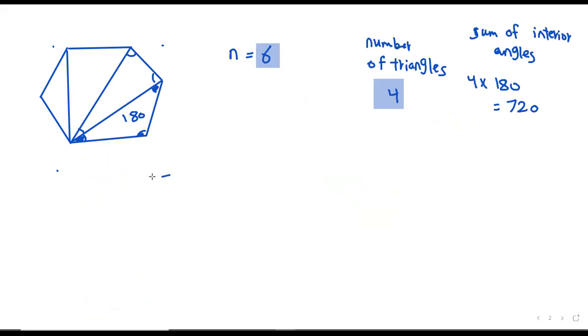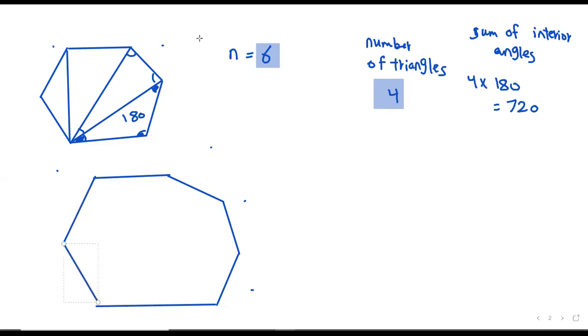If we are going to draw a heptagon, the heptagon has 7 sides: 1, 2, 3, 4, 5, 6, 7 sides. This shape is a heptagon. So n equals 7. What do you expect for the number of triangles? Let's take a specific vertex like this vertex. From this vertex, how many triangles can we get if we split this heptagon into triangles?